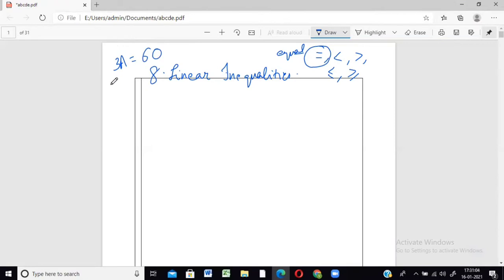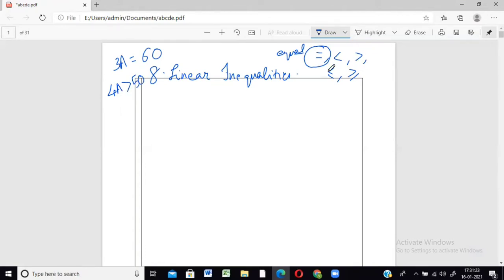But if I say something like this, the price of 4 apples is greater than the price of 5 oranges, what is it telling me? The price of apples is more, right? The price of 4 apples is more as compared to 5 oranges.